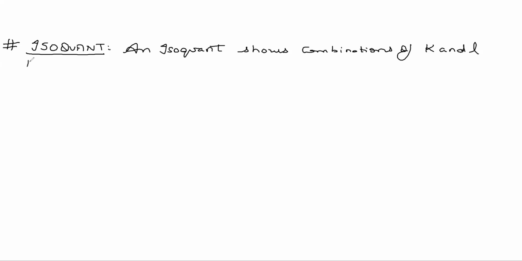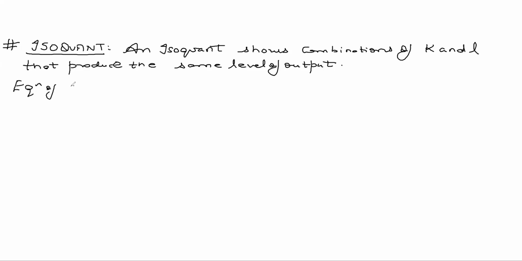In firm theory, what is an isoquant? An isoquant shows combinations of capital and labor that produce the same level of output. So how will the equation of the isoquant look?